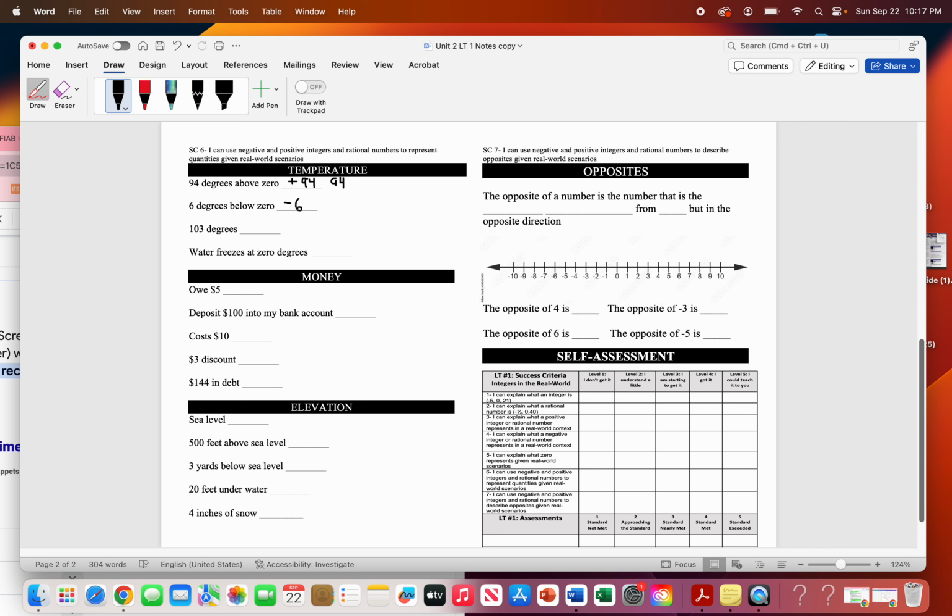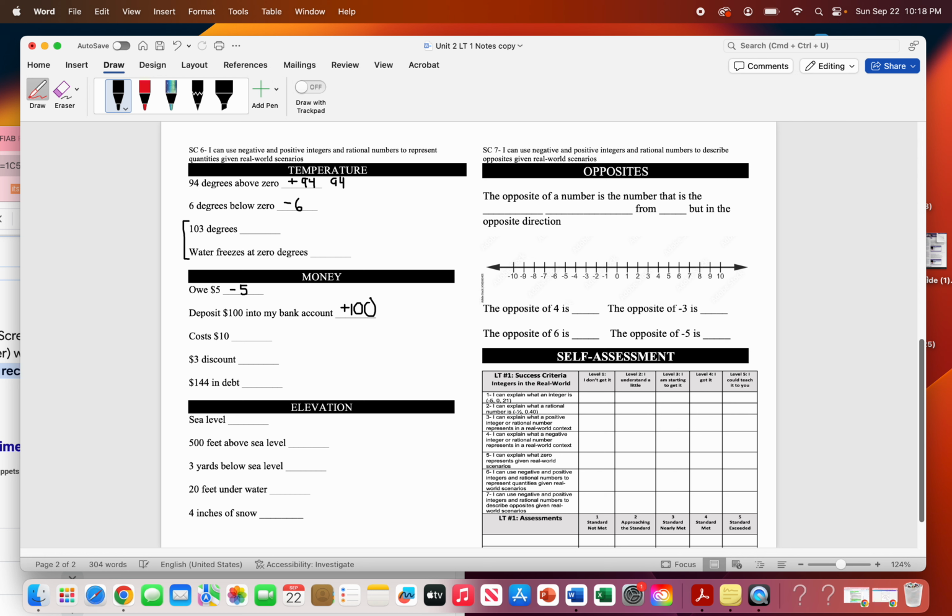So I'm going to let you do the last 2 on your own. Make sure you do these. Do not leave them blank. Let's talk about money. If I'm owing money, that means it's a -5. I owe dollars, that means I'm going to have to give it away. And then if I deposit something into my bank account, I'm giving myself money or putting it into my account, that means my account is going to grow.